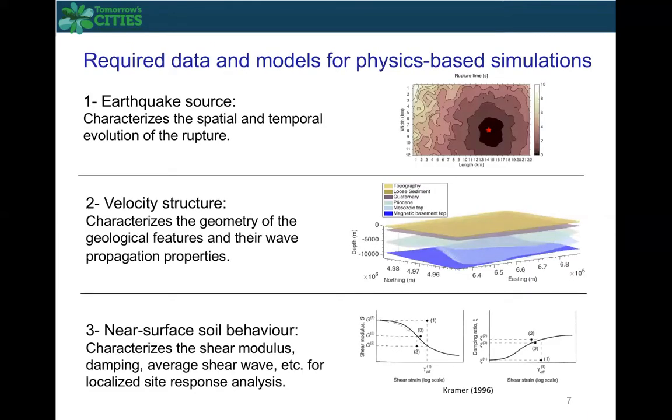The ingredients for physics-based ground motion simulation can be broken down into three: source modeling, which characterizes the spatial and temporal evolution of the rupture; velocity structure, where the geometry and characteristics of the different layers of the crust, as well as sedimentary layers, are specified; and the site response component, where the response of the near surface soil is considered in the models.